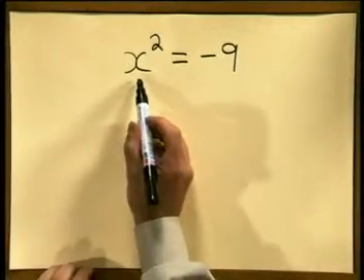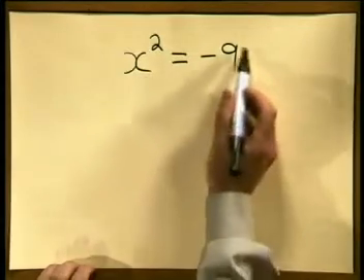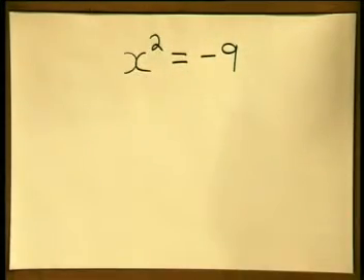What input value can be squared so that the output value is -9? Well, this is not possible using the real number system. But if we were to work with the imaginary number system, then we would be able to find an answer. In the real number system, there are no input values that can be squared to give a negative output value.